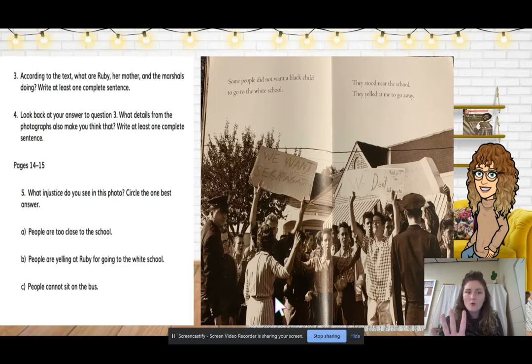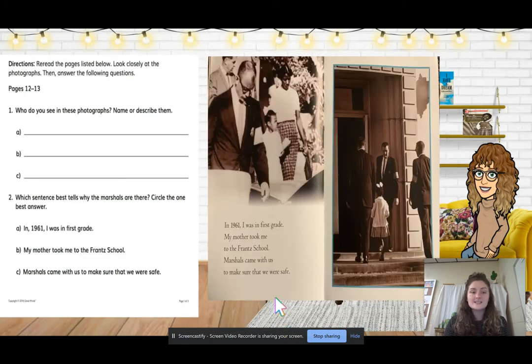Let's look at number 4. It says, look back at your answer to question 3. What details from the photographs also make you think that? Write at least one complete sentence. So what details from the photo tell us that Ruby, her mother, and the marshals were taking her to school?